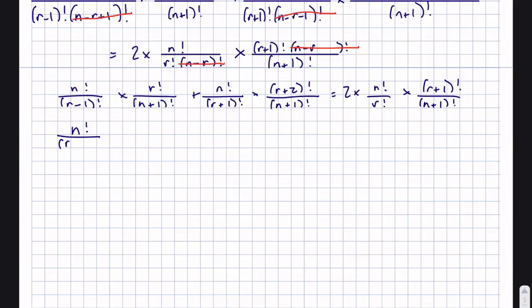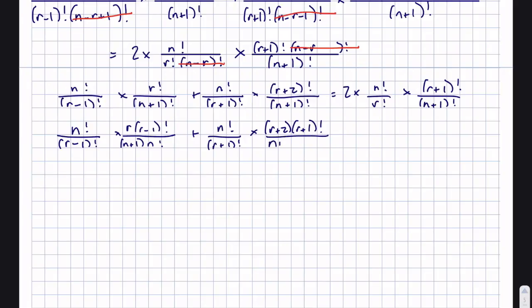That's an r, that's r times (r minus 1). And (n plus 1) factorial is (n plus 1) times n factorial. Then I've got n factorial, (r plus 1) factorial. (r plus 2) factorial is the same as (r plus 2) times (r plus 1) factorial. (n plus 1) factorial is (n plus 1) times n factorial.